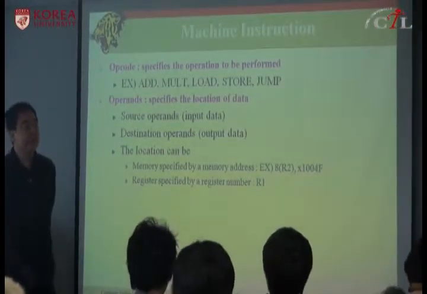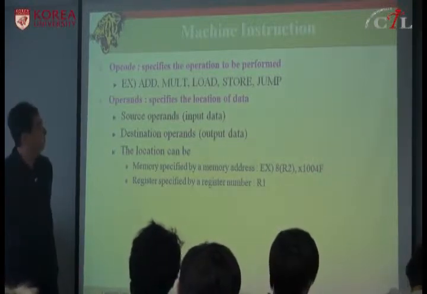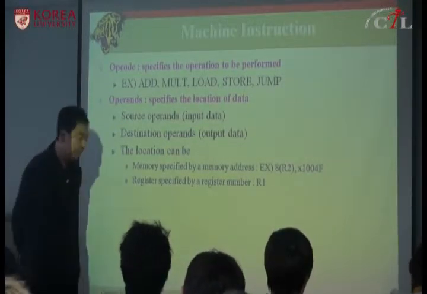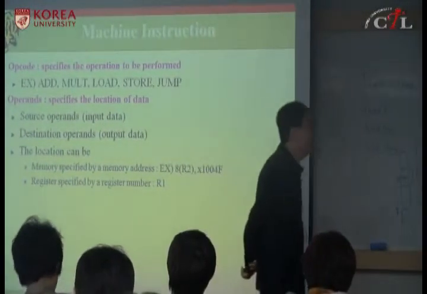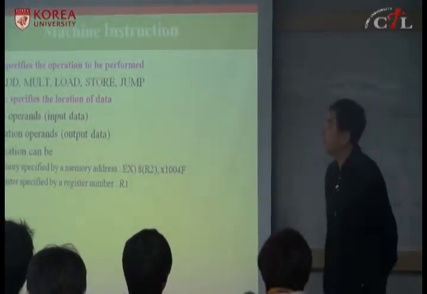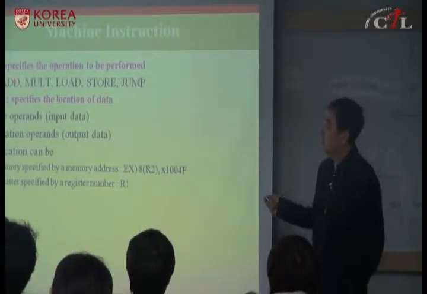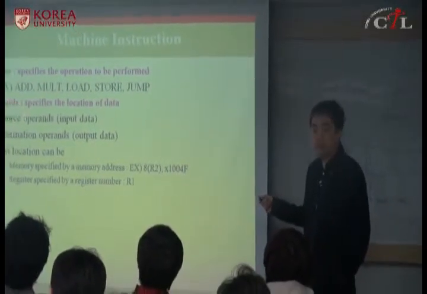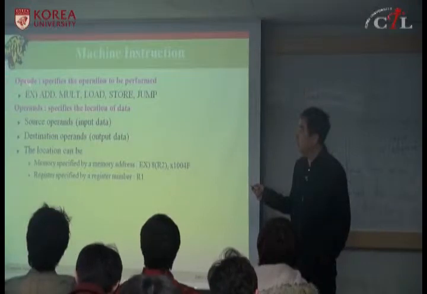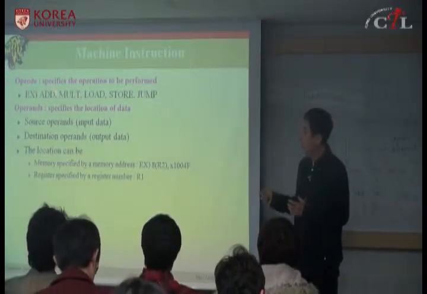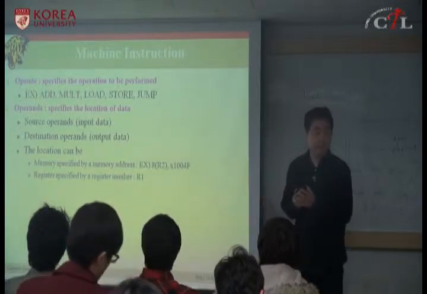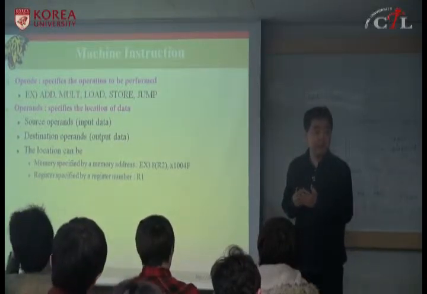Okay, let's look inside the machine instruction. In a machine instruction, there are two components. One is the opcode, the other is the operand. The opcode specifies the operation. The operand specifies the data, input or output data.